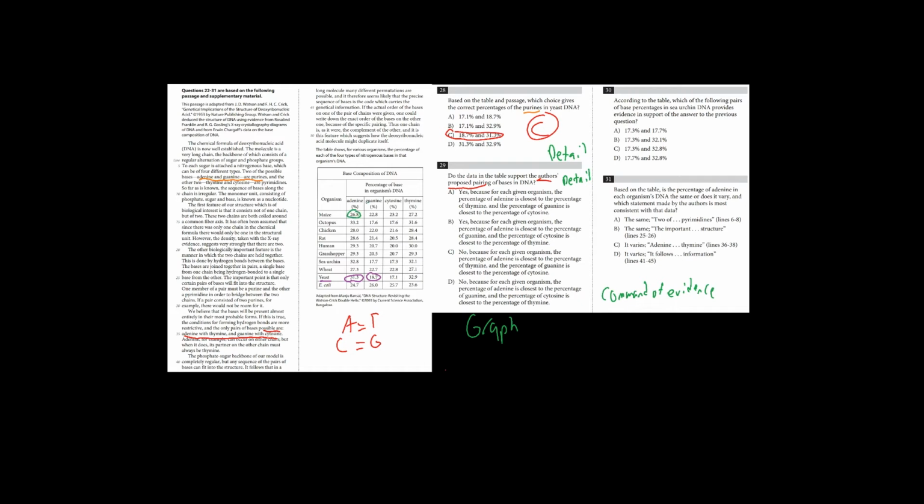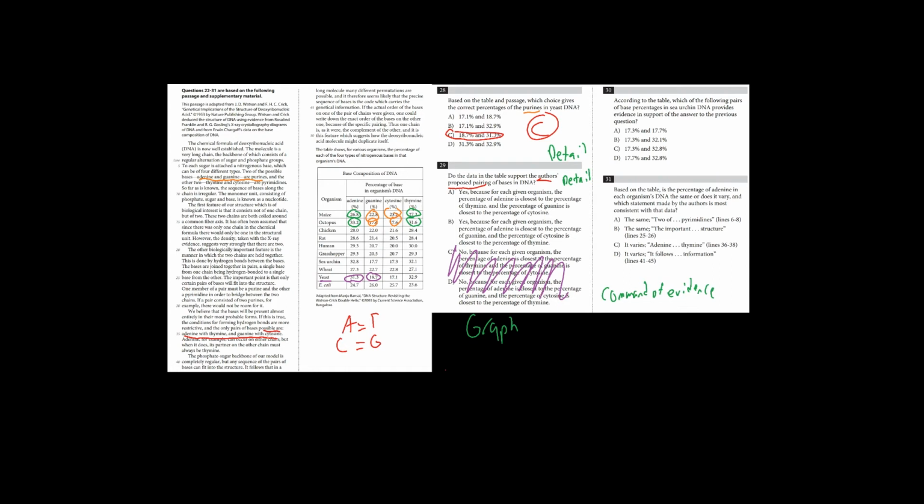So we're comparing adenine with thymine and checking that they're really pretty close, and they're only off by 0.4 percentage points. And then we also want to check guanine with cytosine, again only 0.4 of a percentage point. We can go ahead and do that with all of these organisms, and you see that there's only a slight variance with all of these, so it does support the author's conclusion. So if you go ahead and check all the other ones, you'll be able to see that.